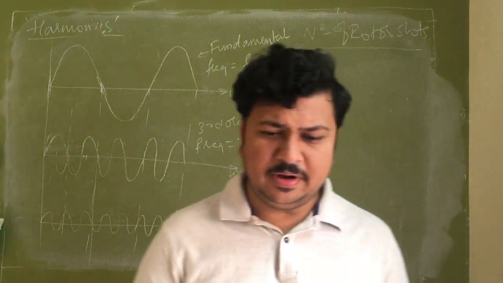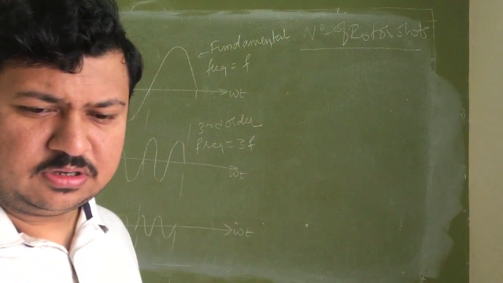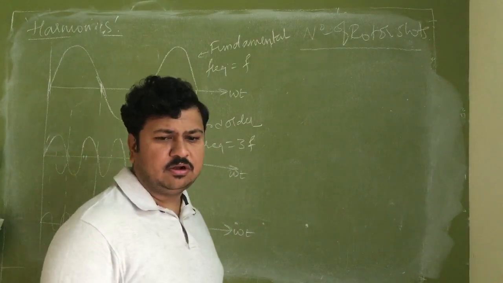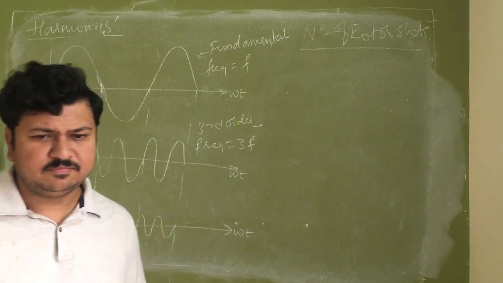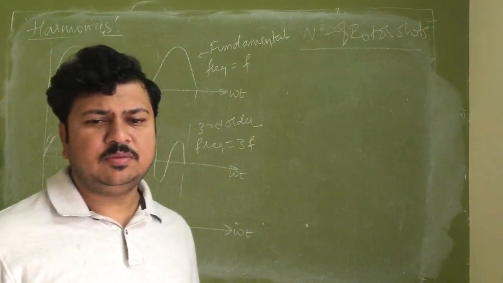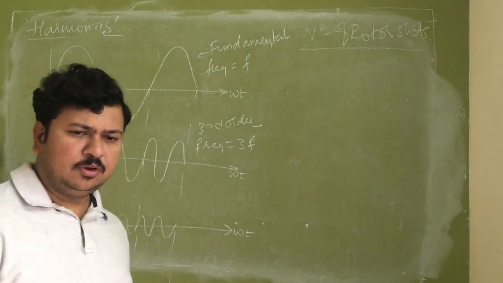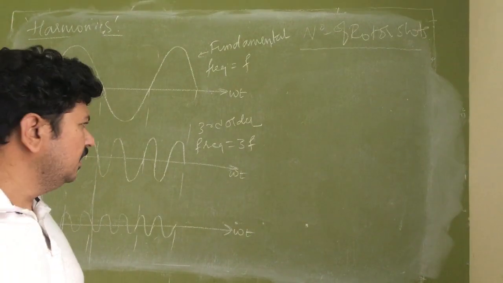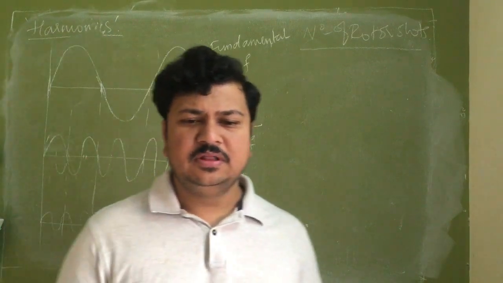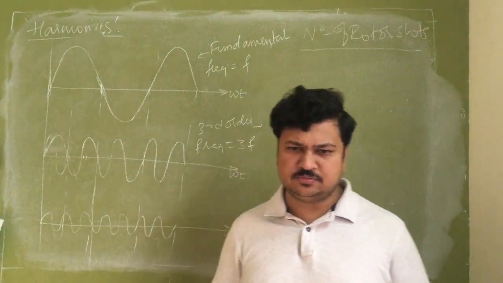Now how to avoid this? With respect to winding, I can use corded coils or distributed winding. To avoid saturation, I have to keep the magnetic flux density well below the saturation limit. Irregularities in the air gap have to be taken care of by providing a larger air gap, so they can be reduced.